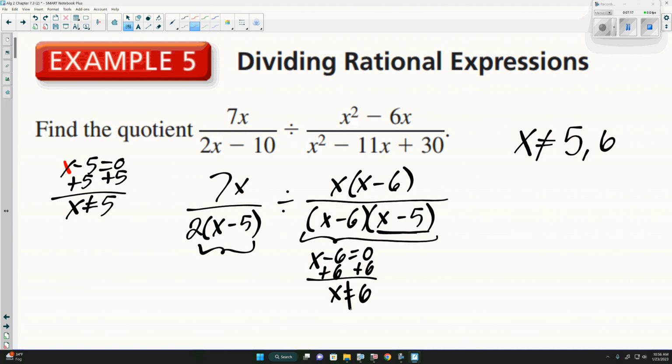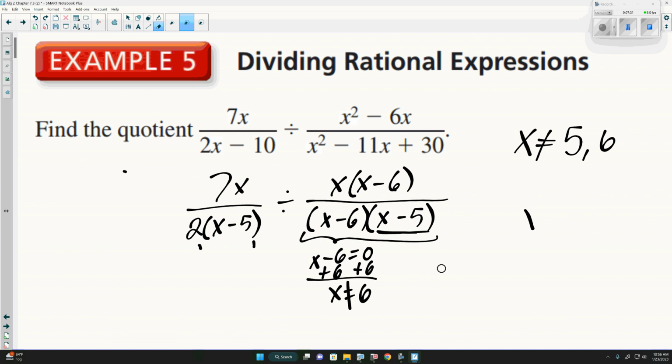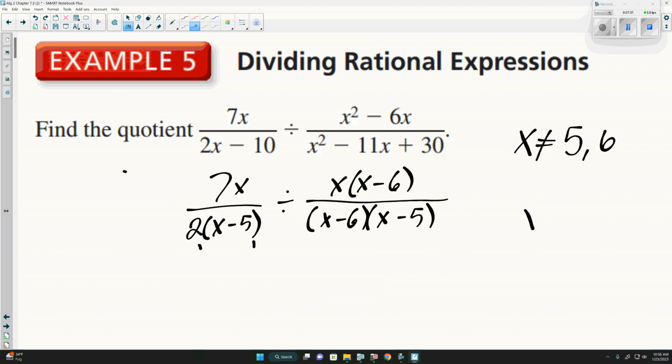Could x be 0? It actually can't. And the reason that it can't is this numerator x here.